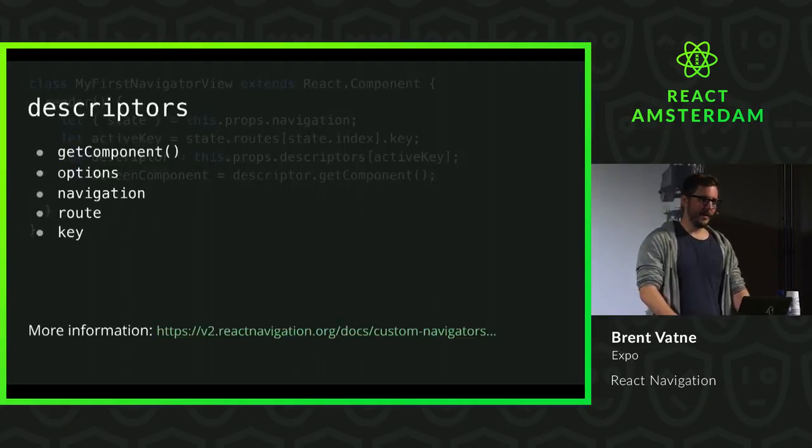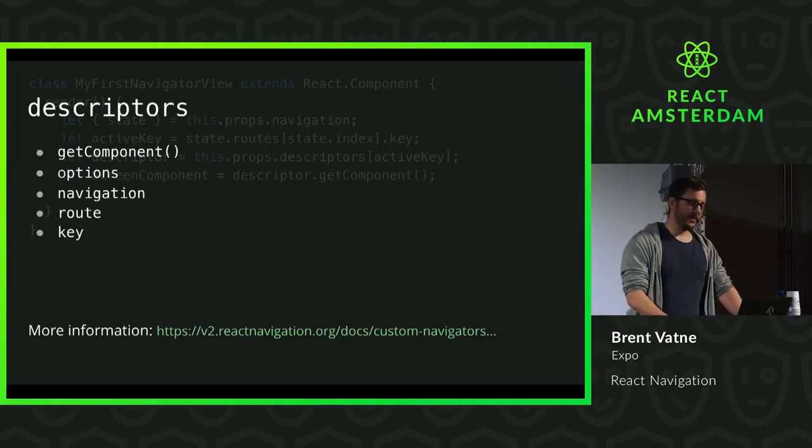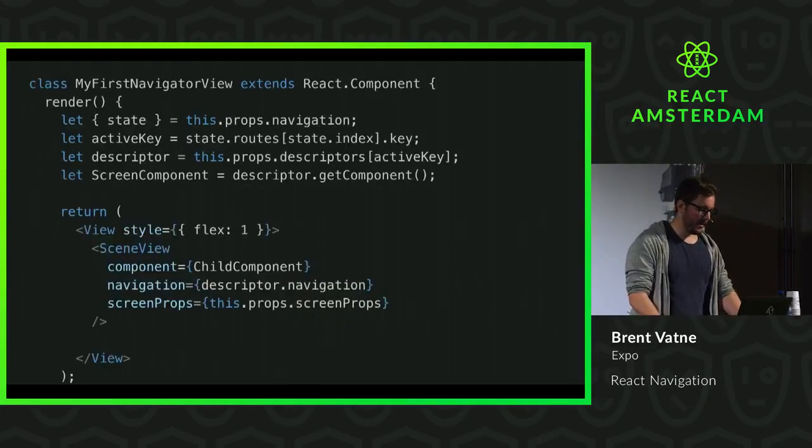Descriptors gives us all these various utilities for dealing with the route. So the navigation options is passed in through this options property on the descriptor. And we have various other things there as well that just make it easier to use. And then we can go ahead and actually render the component. And this, what we're seeing here, is essentially the implementation of SwitchNavigator.